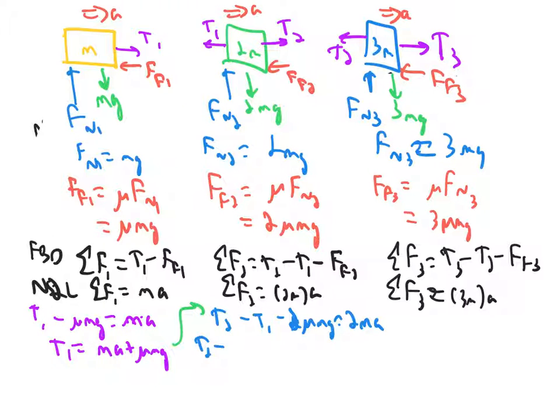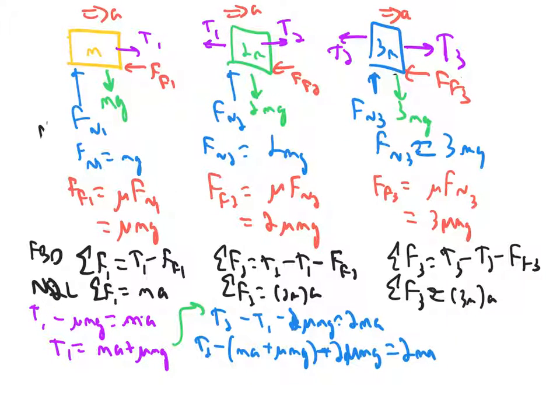So T2 minus, and we have that this was ma plus mu mg, minus 2 mu mg equals 2ma, and therefore T2 equals 3ma plus 3 mu mg.